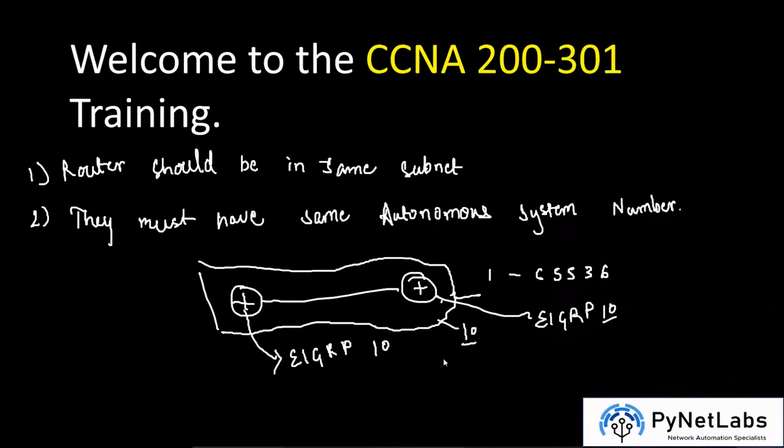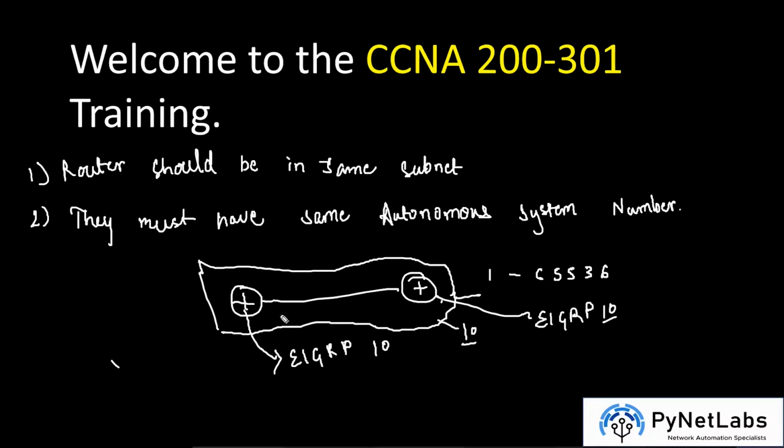So two devices with different autonomous system numbers cannot communicate with each other. They have to be in the same system. The autonomous system number is a number which you assign to EIGRP. And yes, the range is now extended even beyond 65,536.